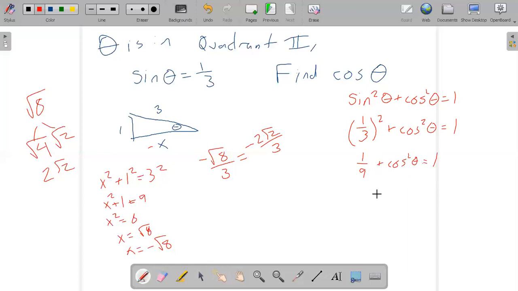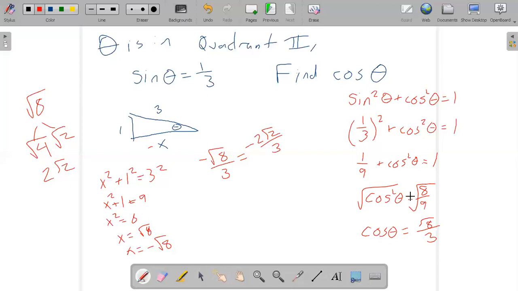I'm going to subtract 1/9 from each side, so I get cosine squared of theta equals 8/9. Then I take the square root, and I end up with cosine of theta equals the square root of 8 over the square root of 9, which is 3, and that's exactly what we just had.